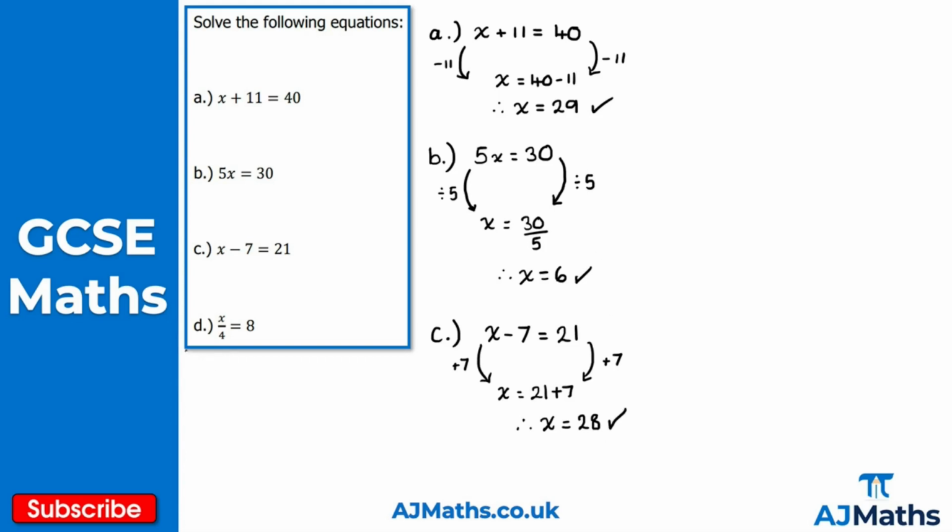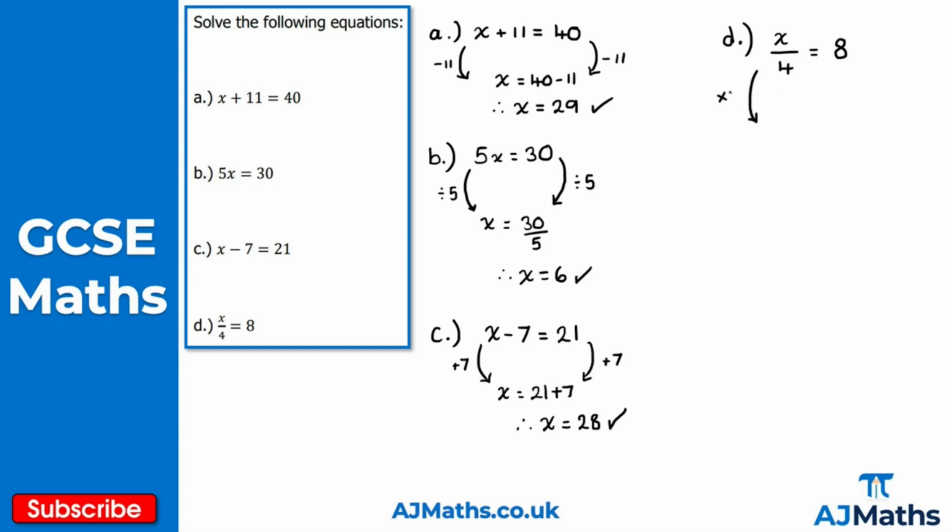And then finally here, the very last one, D. We've got x over 4 equals 8. So again, let's just think about what we're doing with x here. We're taking x and we're dividing it by 4. So what's the opposite of dividing by 4? Well, that would be to times both sides here by 4.